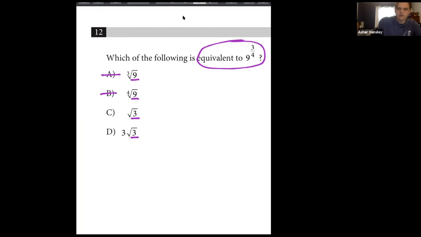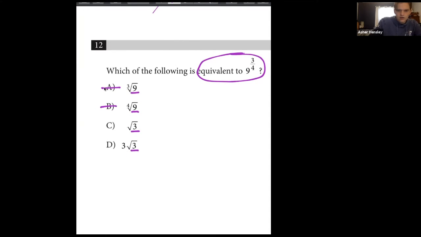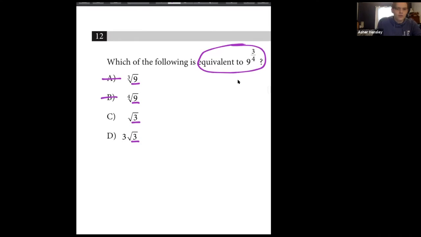And how are we going to do that? Feel free to unmute. Anyone? Almost, Jason. So 3 to what power is 9? Yeah, so a really good way to tackle these questions, the first thing you want to do is take your actual base and just plug in for that. So instead of 9 to the 3/4, we're going to substitute in 3 squared to the 3/4.